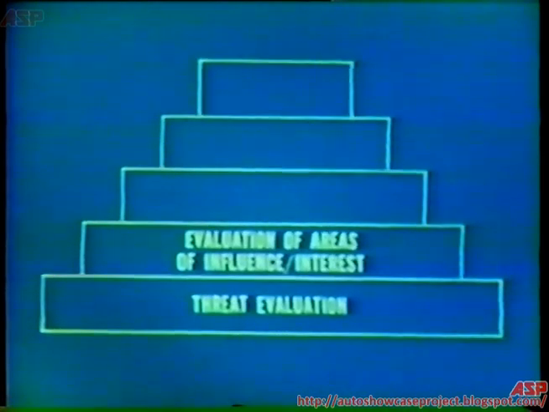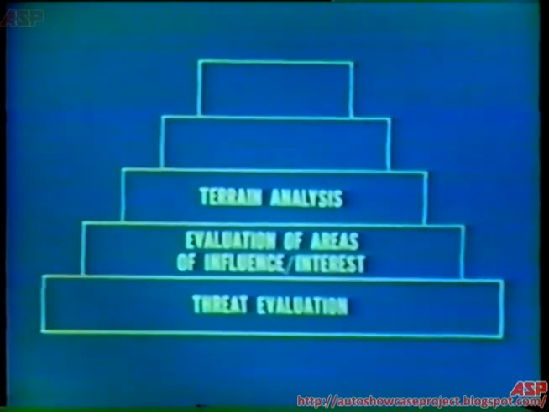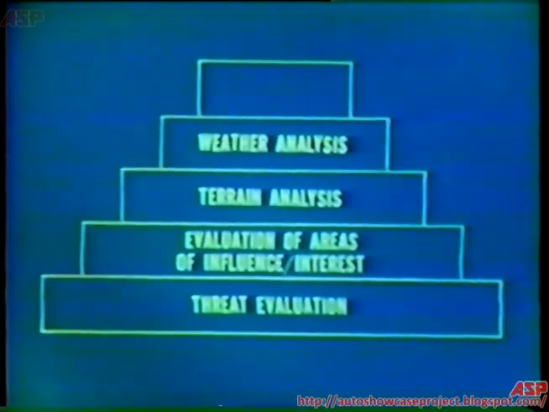In the continuous analytical processes of IPB, Step 1, Threat Evaluation, and Step 2, Determination of Area of Influence and Area of Interest Zones, may be ongoing simultaneously with Step 3, Terrain Analysis, and Step 4, Weather Analysis.